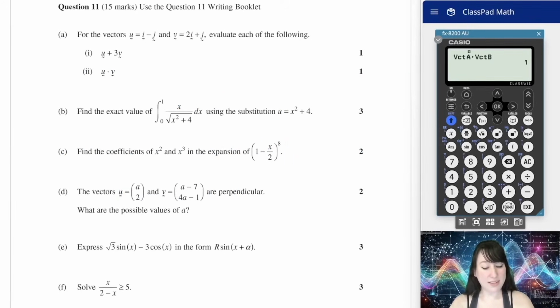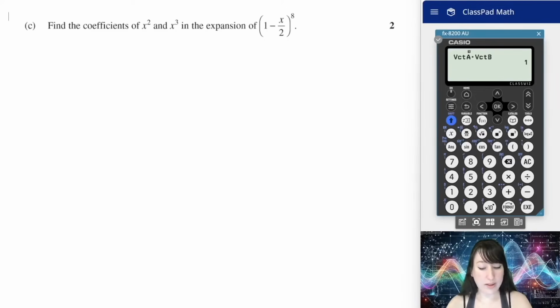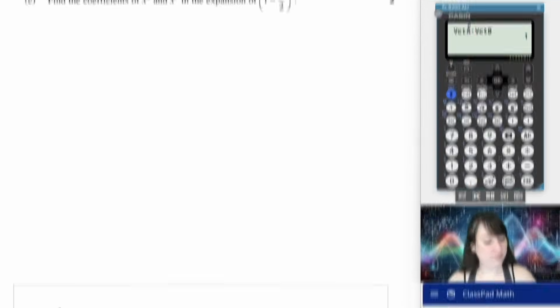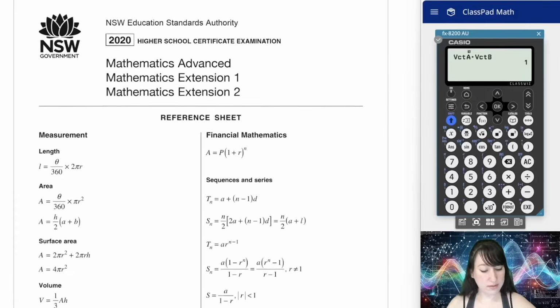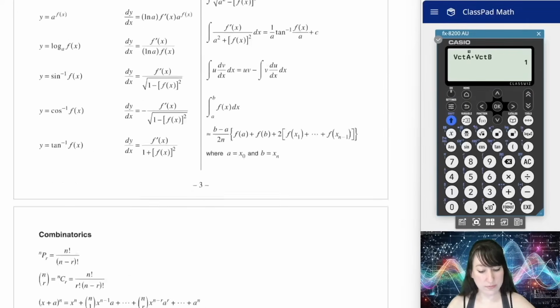Question 11c. Find the coefficients of x squared and x cubed in the expansion of 1 minus x over 2 to the power of 8. Okay, we don't have to do the entire expansion. Let's consider the general term. So on the reference sheet, we'll go down to the last page.